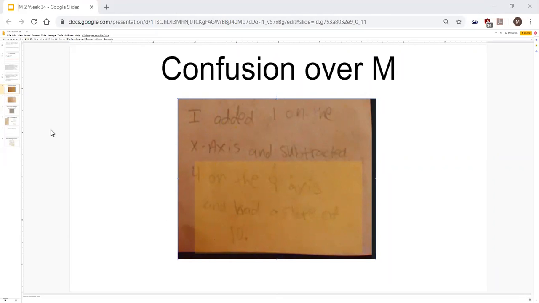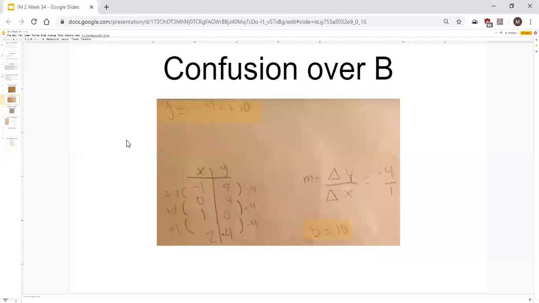Okay, we're going to move on to the next slide. Confusion over B. Take a look at the equation, take a look at B, take a look at the table. What is wrong with this work?